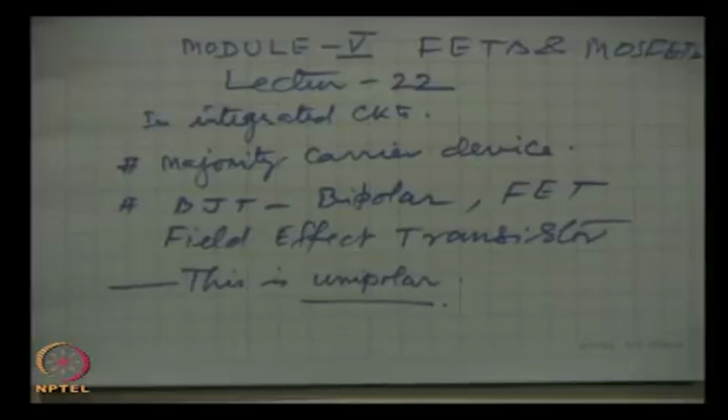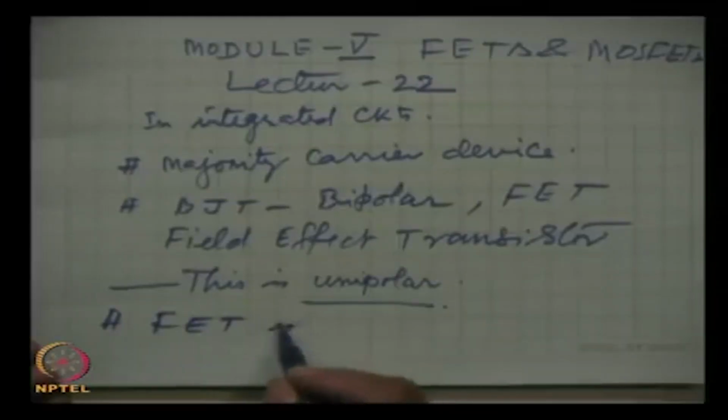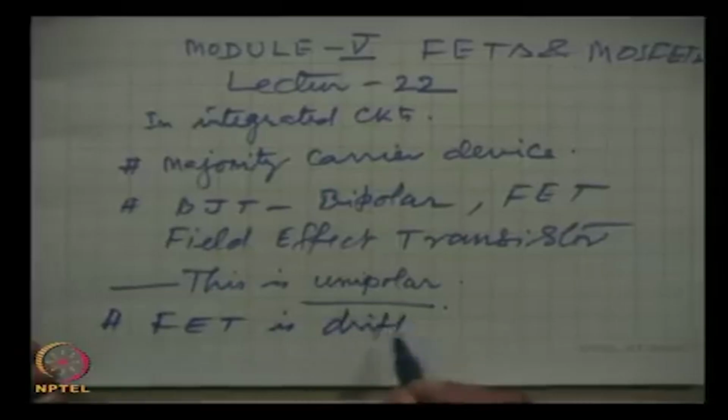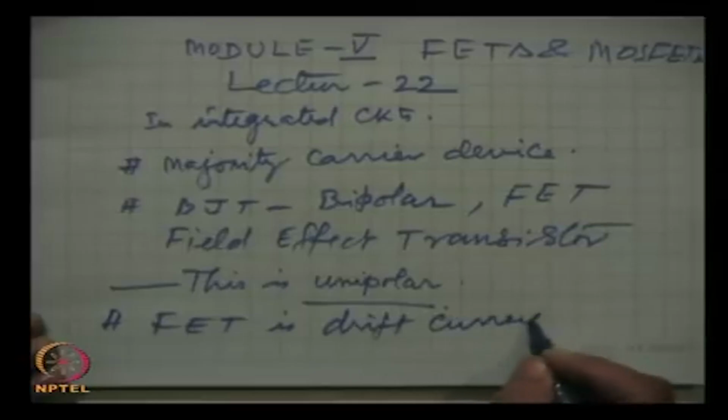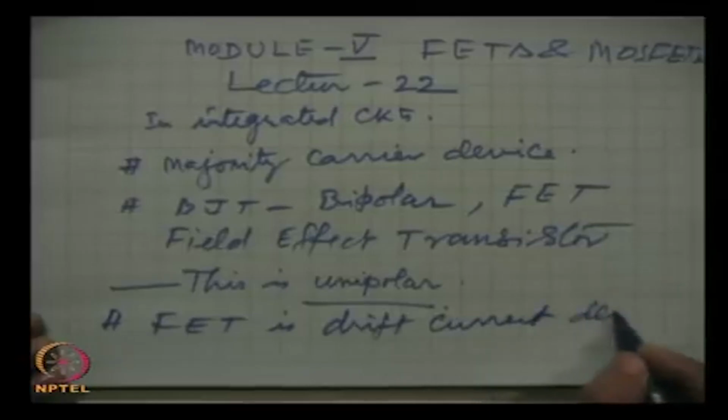We will see that in the field effect transistor, this is the drift of charges. The operation depends not on diffusion, but on drift of charges under applied field. So the FET is a drift current device.